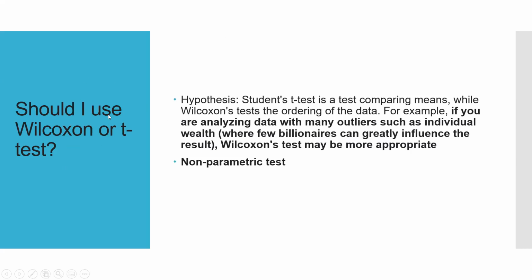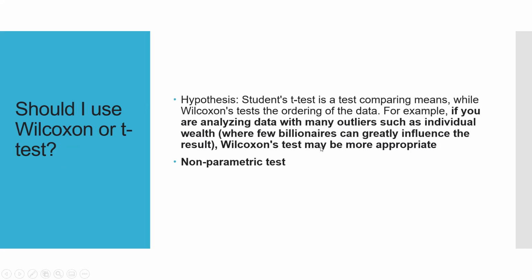Another question is: should I use a Wilcoxon test or a t-test? Student's t-test is a test of comparing means, while the Wilcoxon test is for the ordering of the data. For example, if you are analyzing data with many outliers, such as individuals' wealth, where a few billionaires can greatly influence the results, the Wilcoxon test can be more appropriate than the student's t-test.